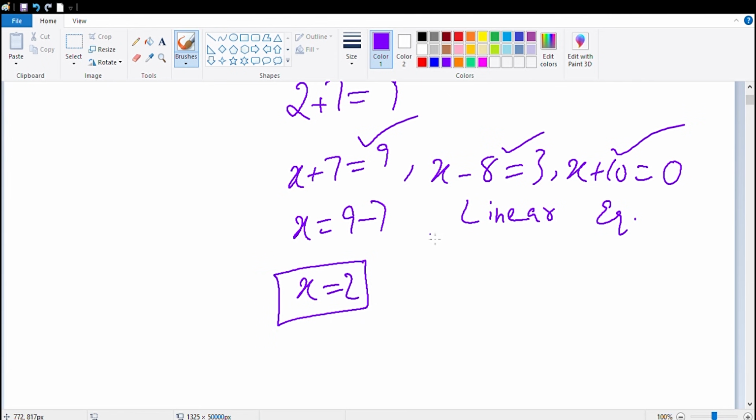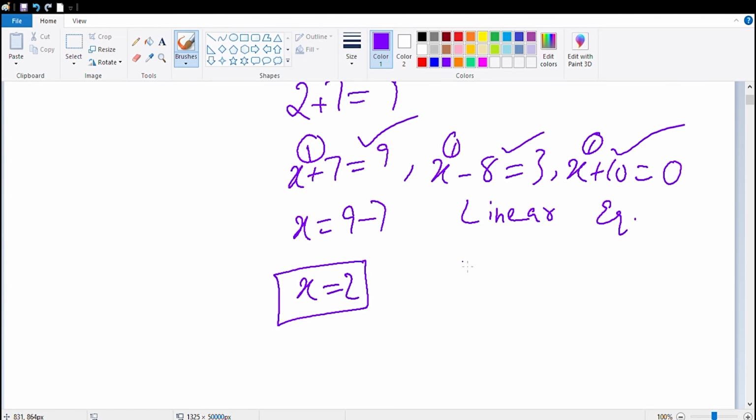Linear equations only have one solution, meaning one value of x, and they are linear equations because the max value or power, or the value of the exponent of the variable, which is here x, is 1. Exponent, power, value of the power, whatever you like to call it. It's 1 here, and 1 here. This power, it all depends on this.